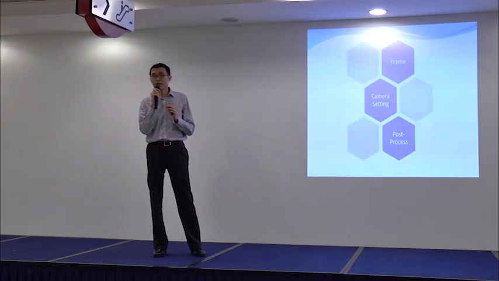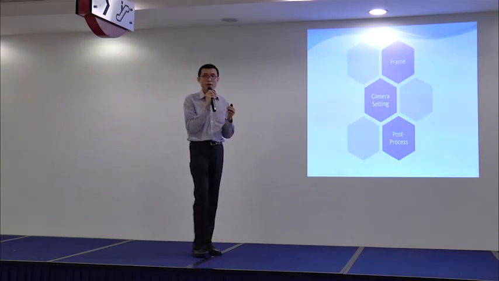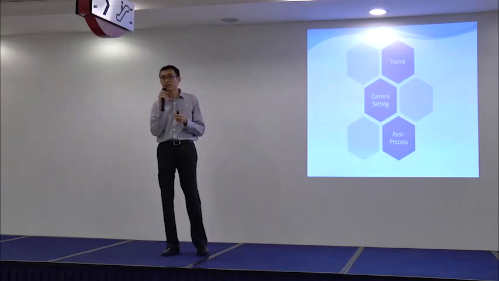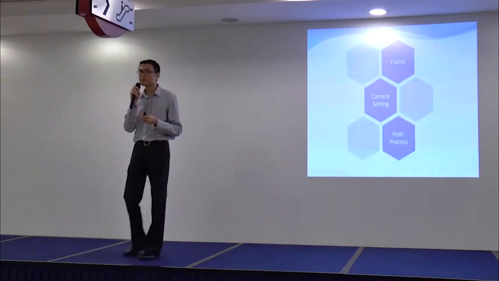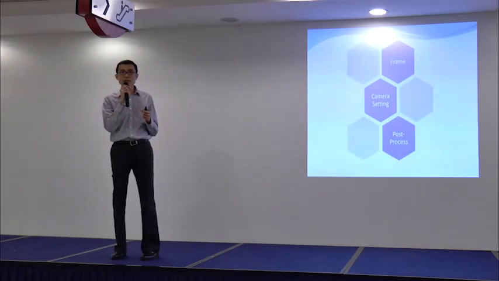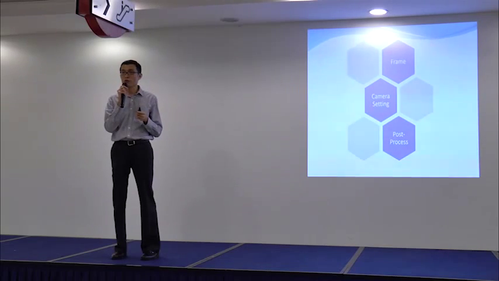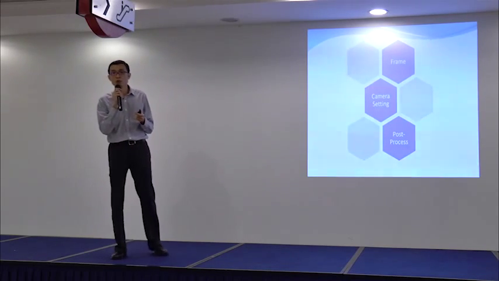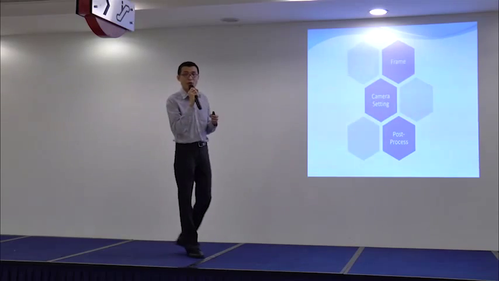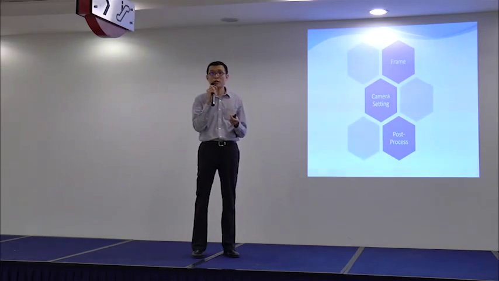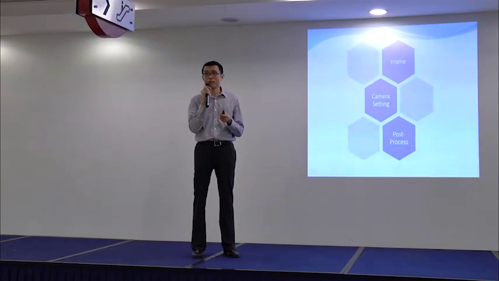The second one is taking advantage of your camera settings. And the last one is, after taking the shot, how to use apps to make corrections, if you need to correct or compensate for what is lacking in your shots. All right, so with that, I'll reach the end of my talk here.